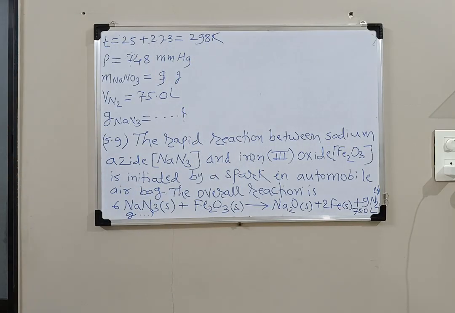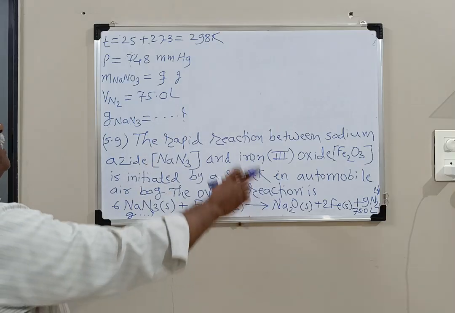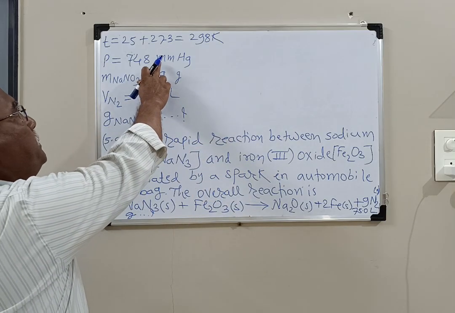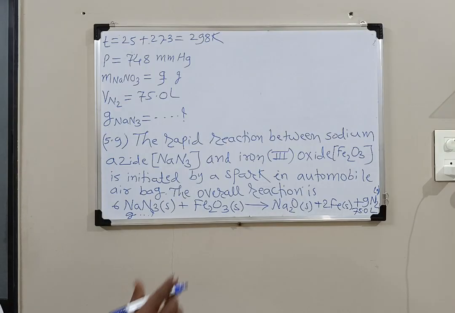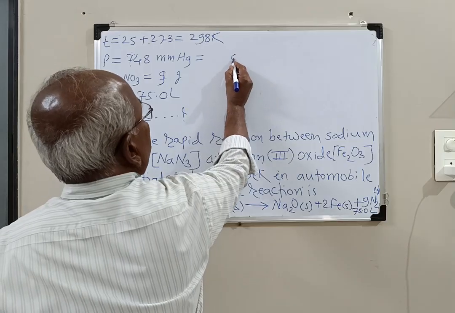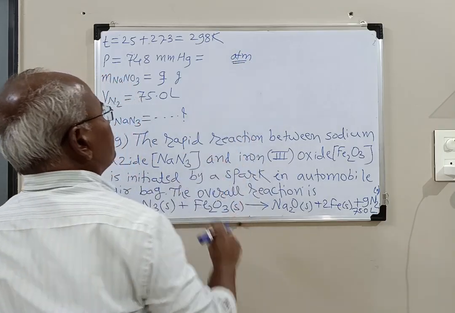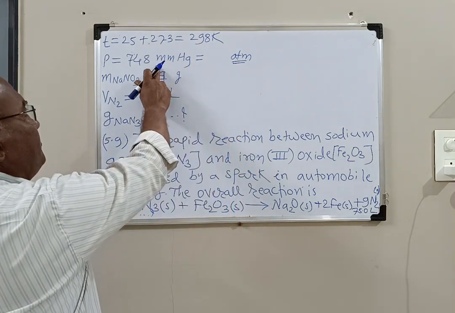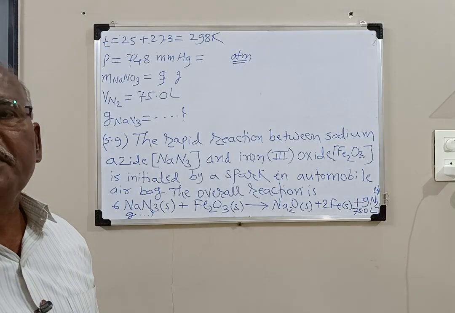This pressure is given in terms of millimeters of mercury column. But we want the pressure in atmosphere. mmHg I want to convert into atmosphere.